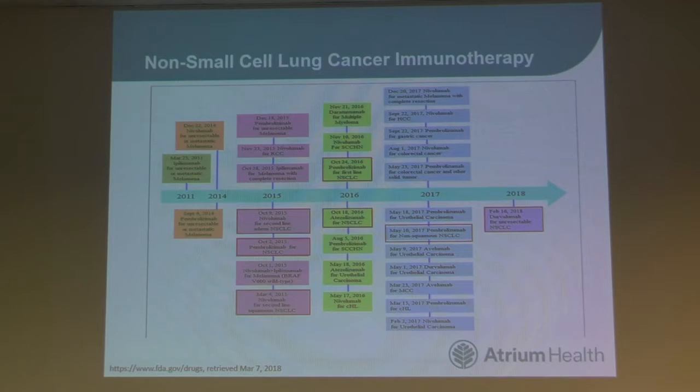In lung cancer in particular, here is a modern history of immunotherapy. When did it really start, and where are we now? It started not even 10 years ago, when the first immune checkpoint inhibitor, ipilimumab, was approved by the FDA to treat late-stage melanoma. Since then, I circled in red every single FDA decision that affects non-small cell lung cancer.